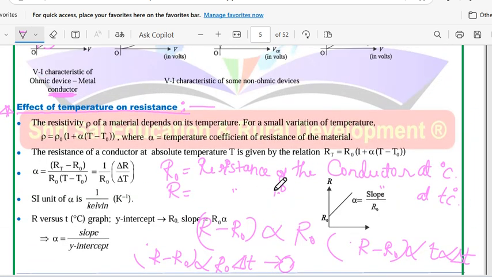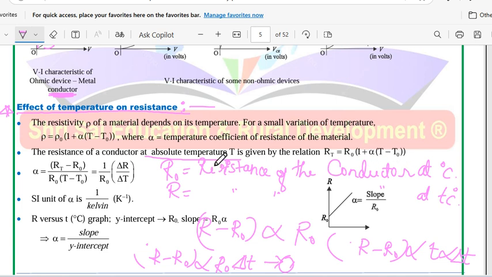So the resistance of the conductor at absolute temperature T is given by RT is equal to R naught into 1 plus alpha into T minus T naught.